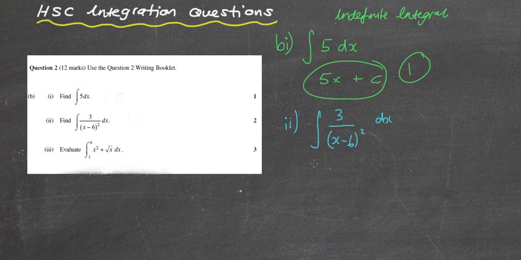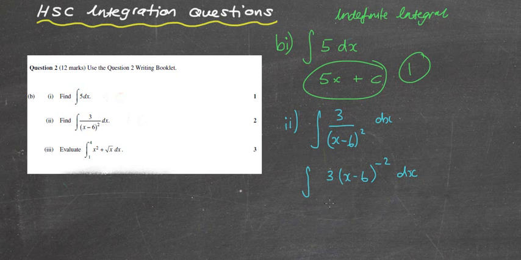But in this case, it's going to be just a normal integration question. So I'm going to rewrite that question and put it in indice form: 3 times (x minus 6) to the power of negative 2 dx. That's the best way to solve this. Again, it is an indefinite integral, so we're going to be having that plus c on our answer.